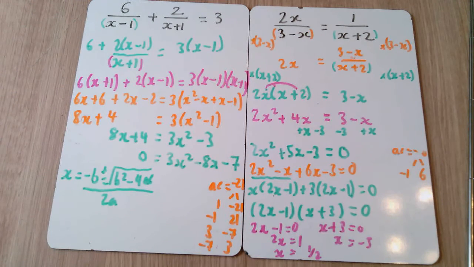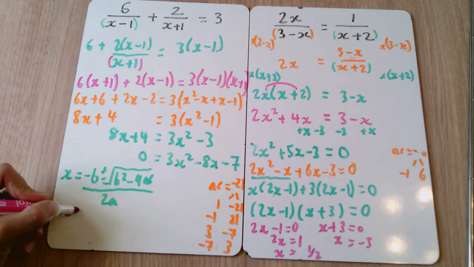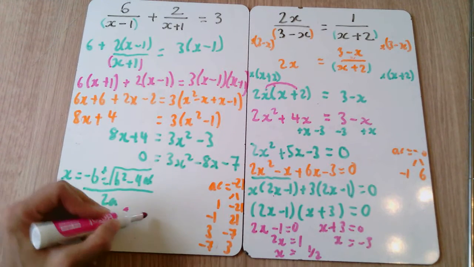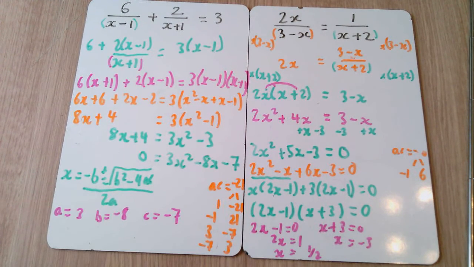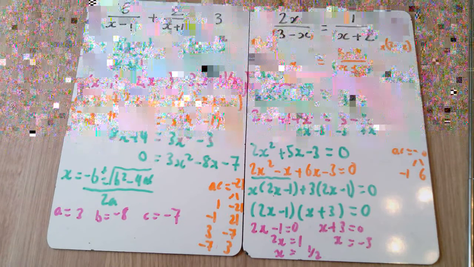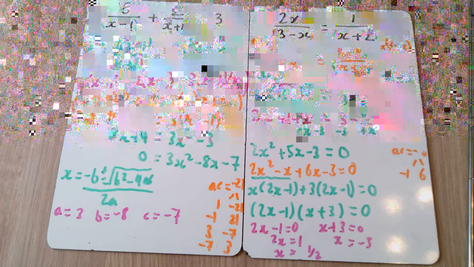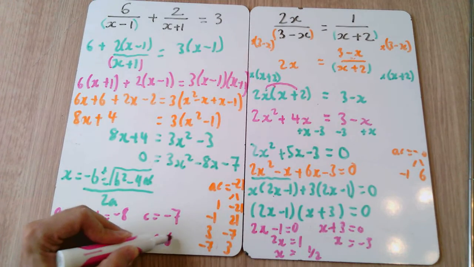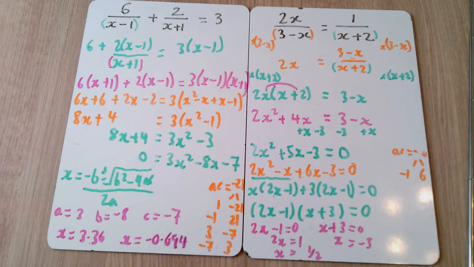And for this, we need the values of a, b, and c. a is equal to 3, b is equal to -8, c is equal to -7, and if we substitute those values into the formula above, we get the following two values. x equals 3.36 and x equals -0.694.